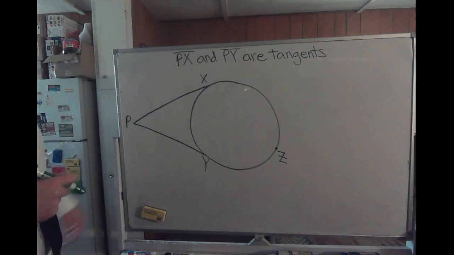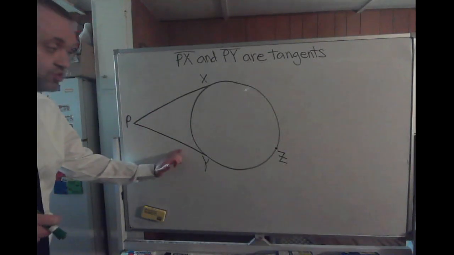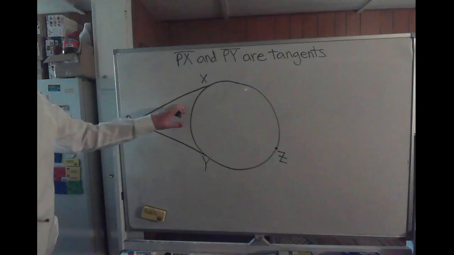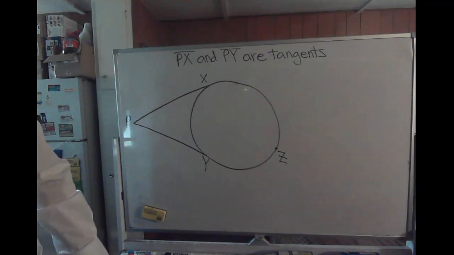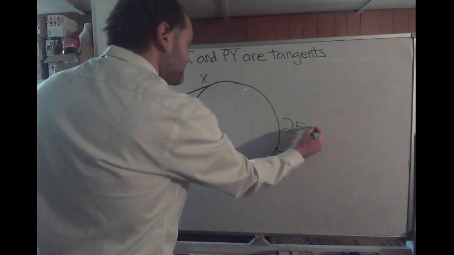Alright, so we're going to have, again, a circle, but this time with 2 tangent lines to the circle. We get, in this case, that the measure of arc XYZ, which is the major arc, is 250 degrees.